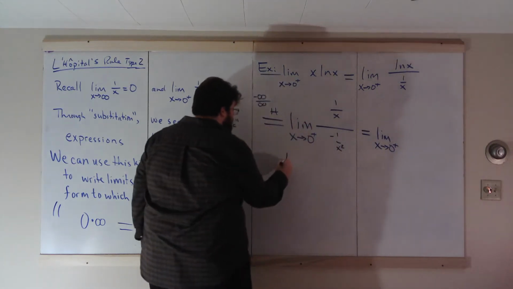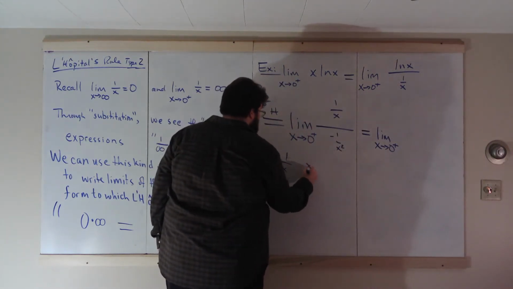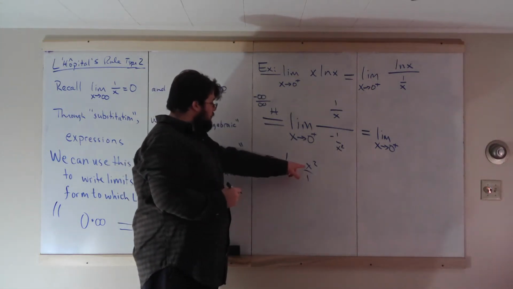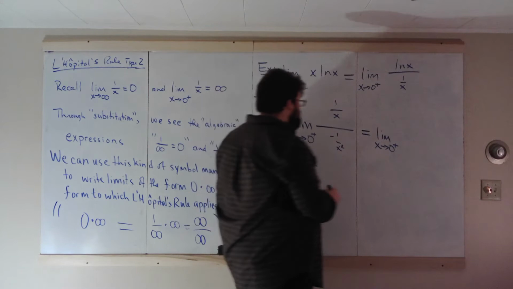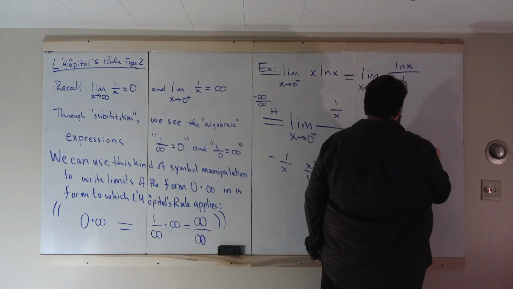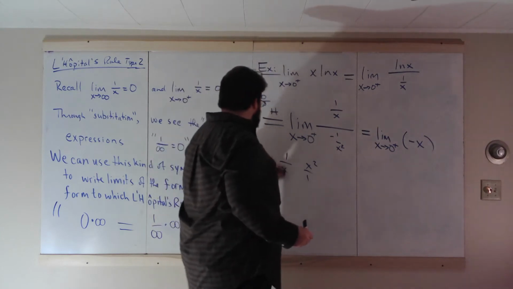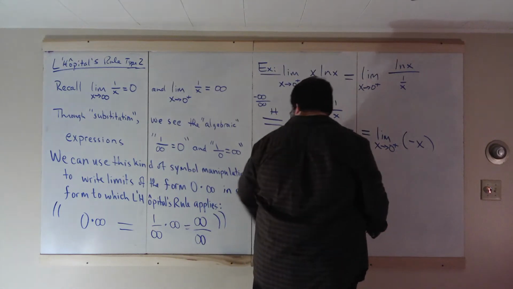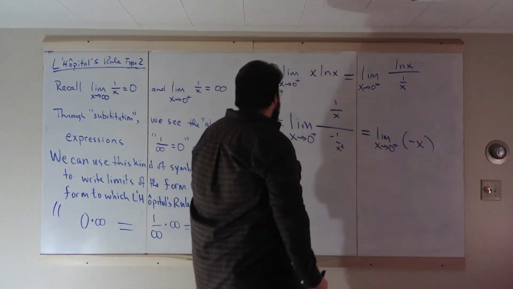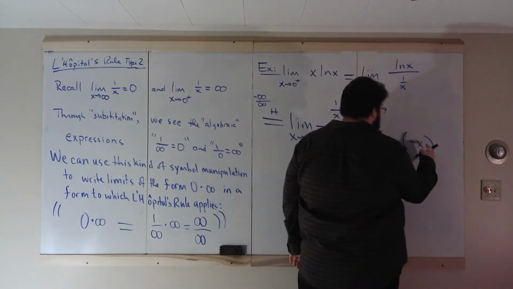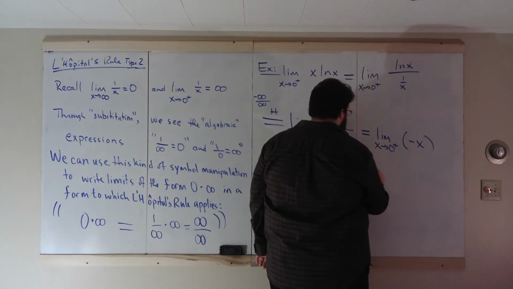So what do we have? We have 1 over x times x squared with a negative over 1. What does that equal? Well, we have 2 x's and 1 x. So one of those x's will cancel, and you're left with just x, and that negative 1 is still floating around. And what happens as x approaches 0? What happens to x as x approaches 0?